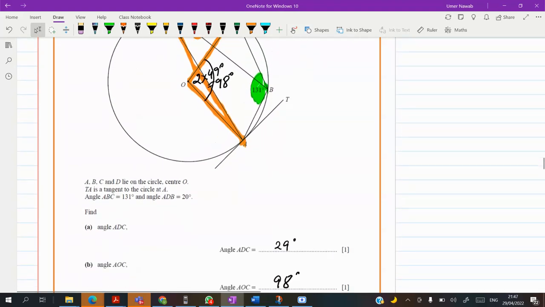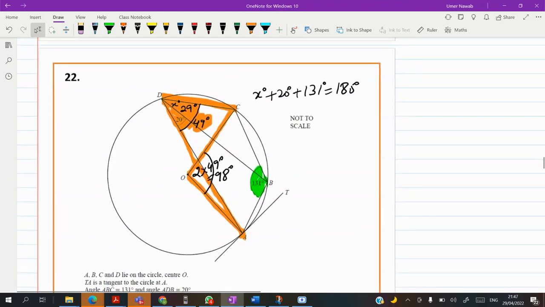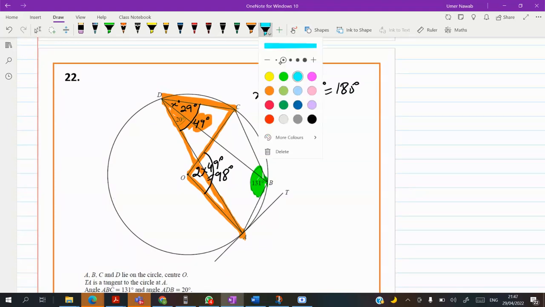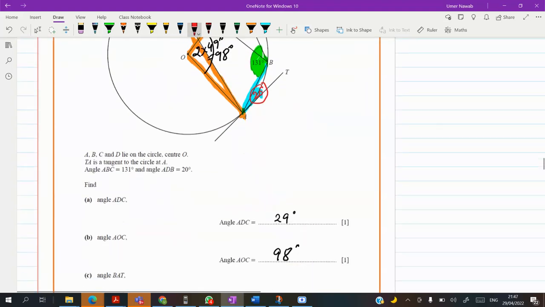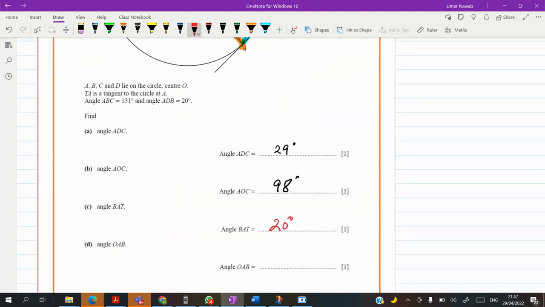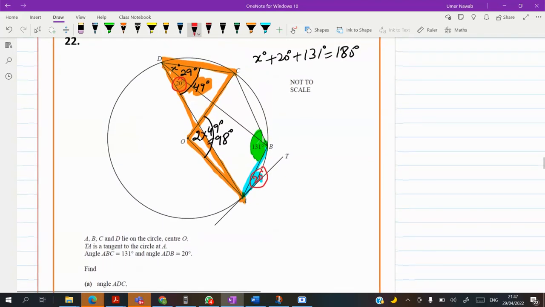Then BAT. BAT is this angle. BAT, the chord. What is the chord making an angle on the circumference? It is making 20 degrees here, so that should be 20 degrees. Reason is alternate segment theorem.